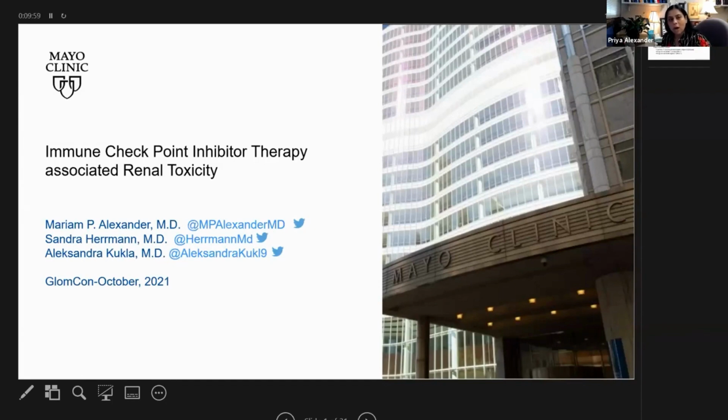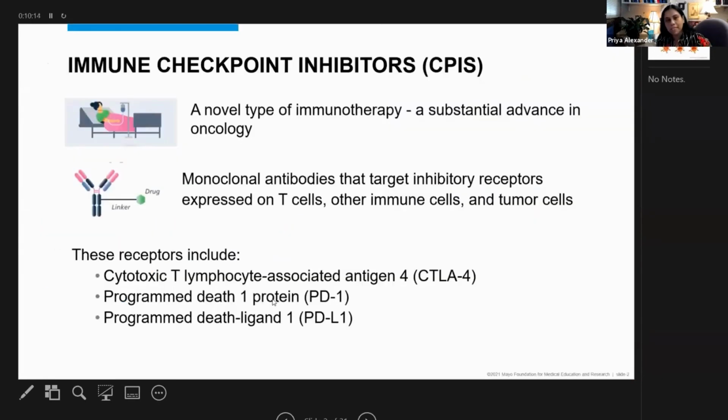Our topic is on the renal toxicity associated with immune checkpoint inhibitor therapy. Immune checkpoint inhibitors are a novel type of immunotherapy that have changed the landscape of management in oncology, and it is a substantial advance.